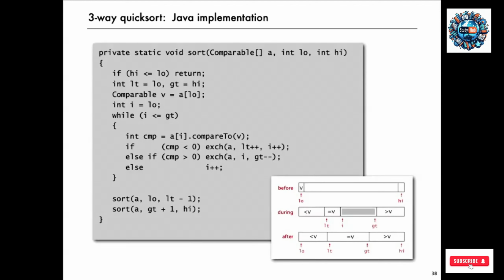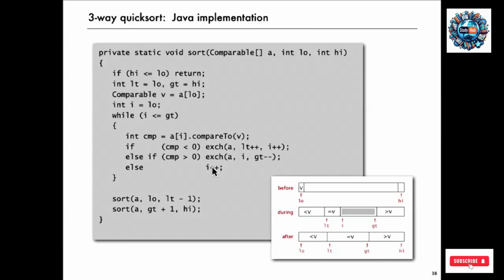The implementation is amazingly simple. The whole partitioning process for three-way partitioning in a modern programming language like Java simply maintains the invariants as described in the demo. If we find one that's less, we exchange I and LT and increment them both. If it's greater, we exchange I and GT and decrement that.